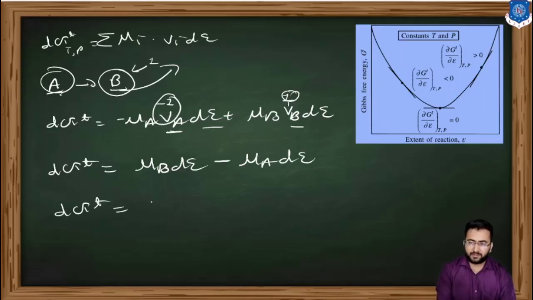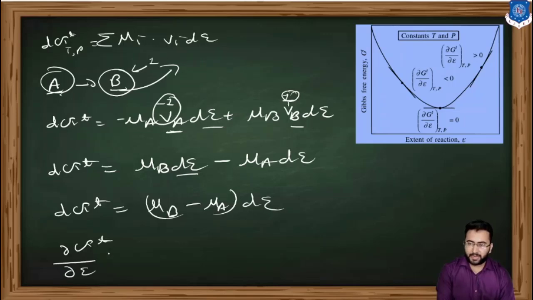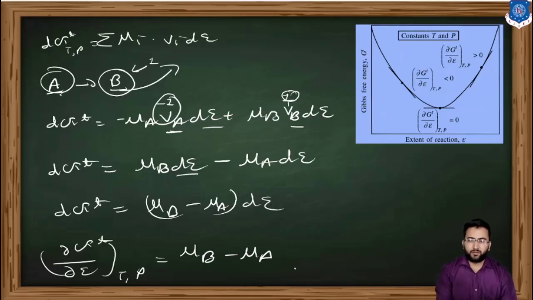Taking d epsilon common, it becomes mu B minus mu A into d epsilon. So del Gt upon del epsilon at constant temperature and pressure equals mu B minus mu A. This is the criterion for chemical reaction.